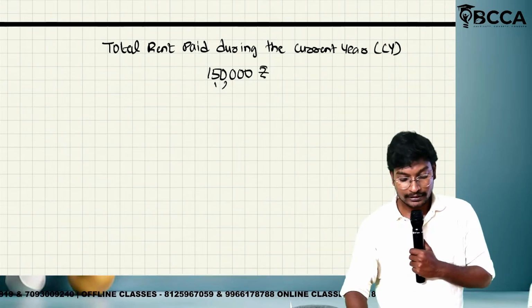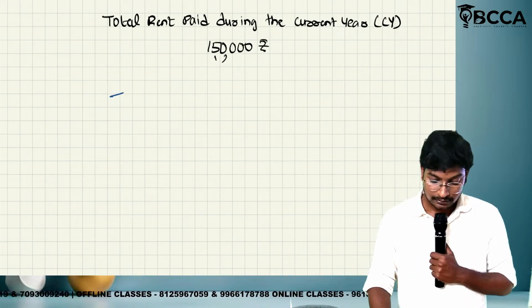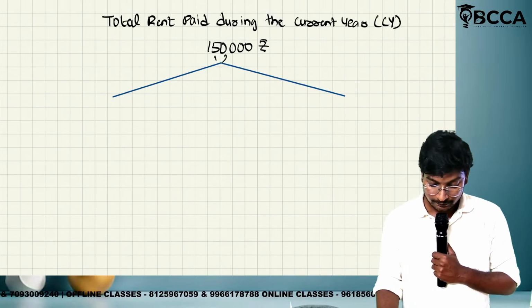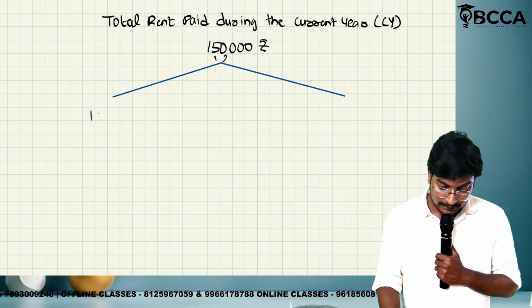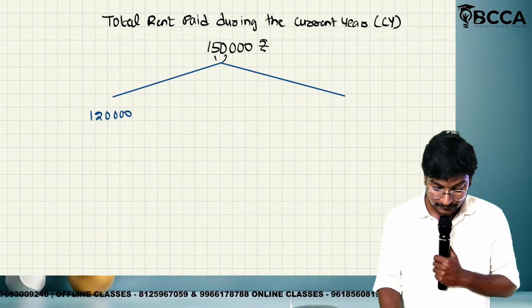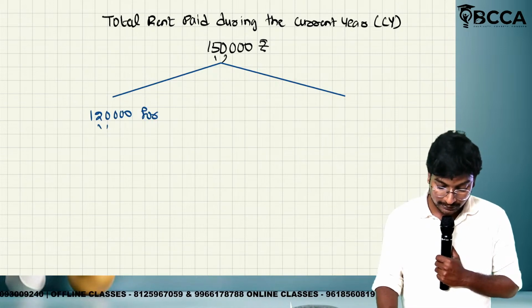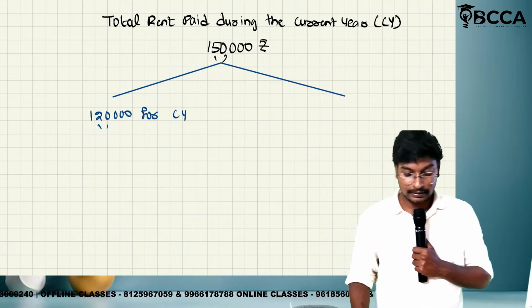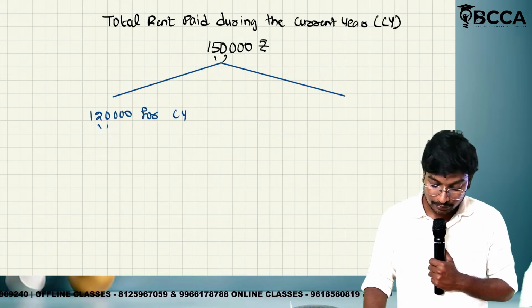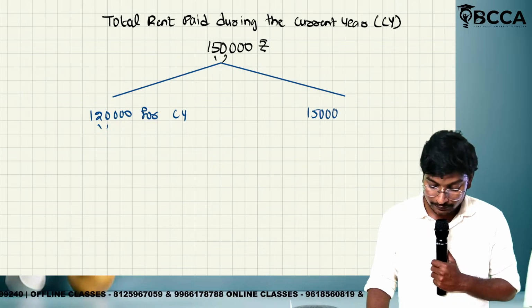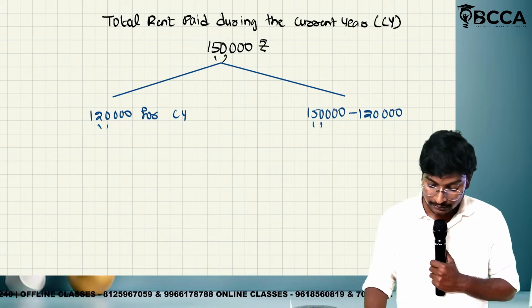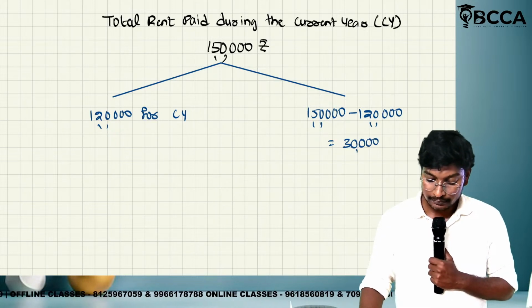In the 1,50,000 rupees, 1,20,000 is for current year. Remaining how much? 1,50,000 minus 1,20,000 is 30,000, for which year?